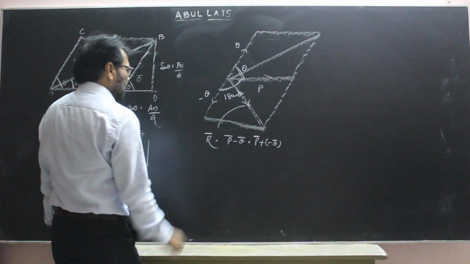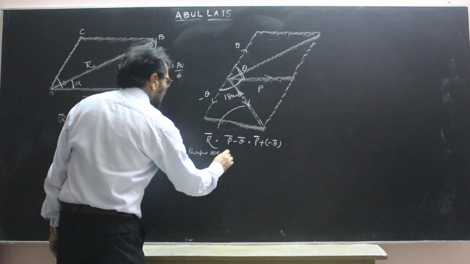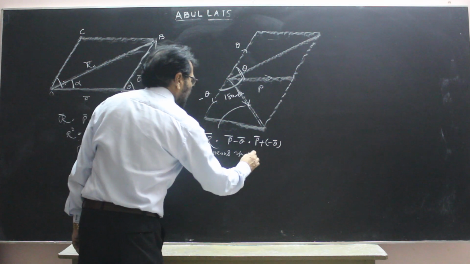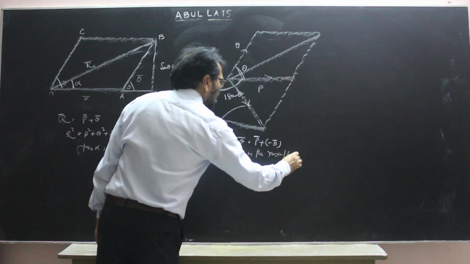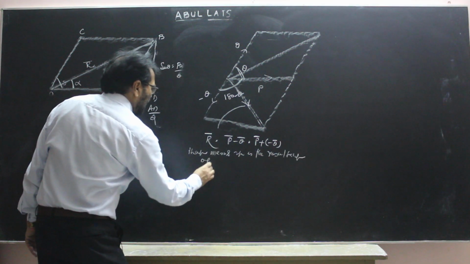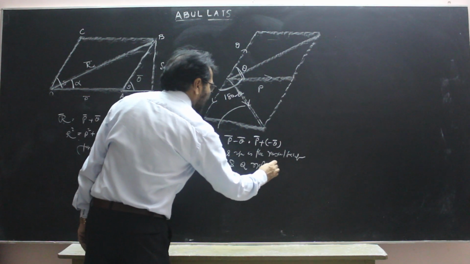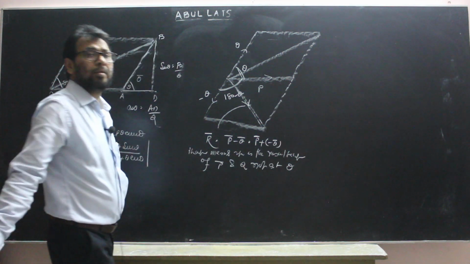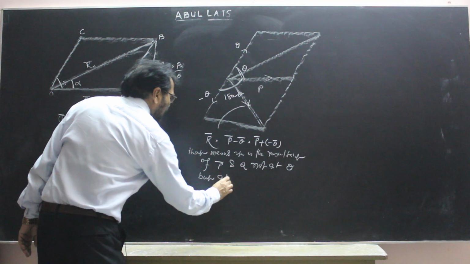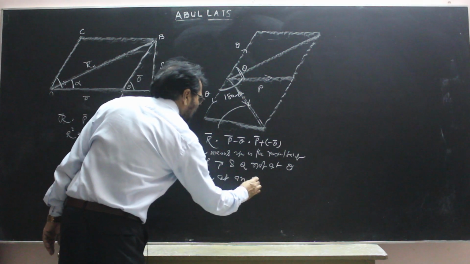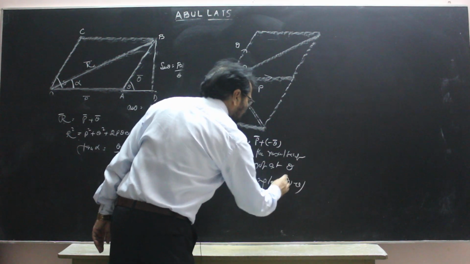P plus minus Q. That means it is the resultant of P and Q not at theta but at an angle 180 minus theta.